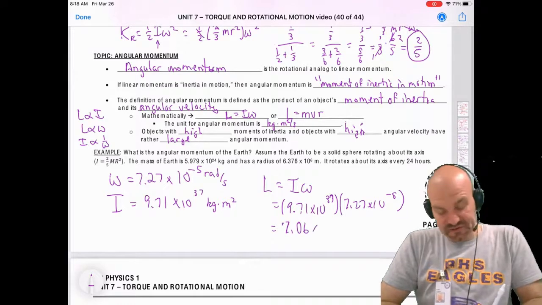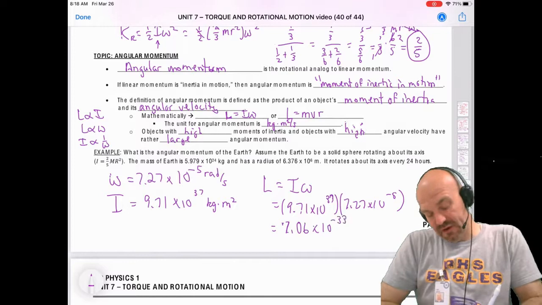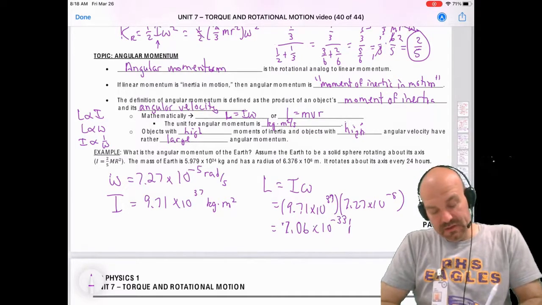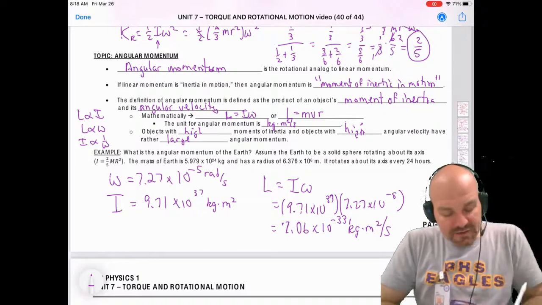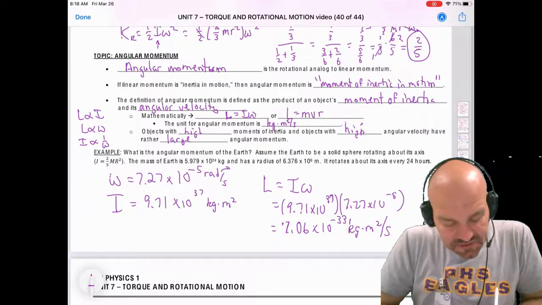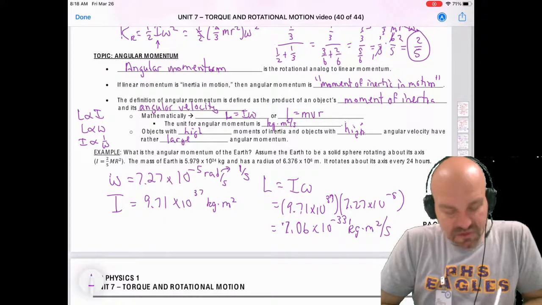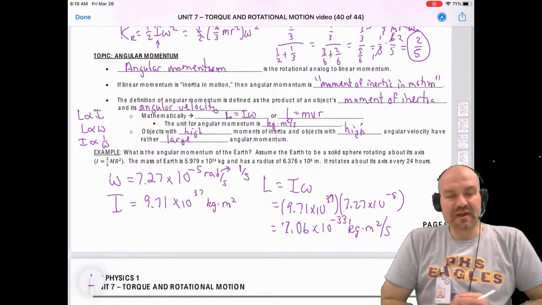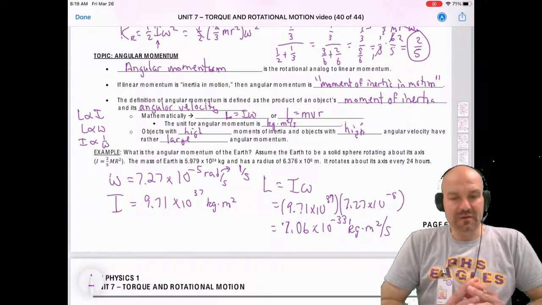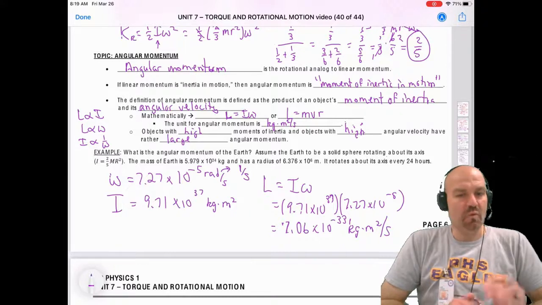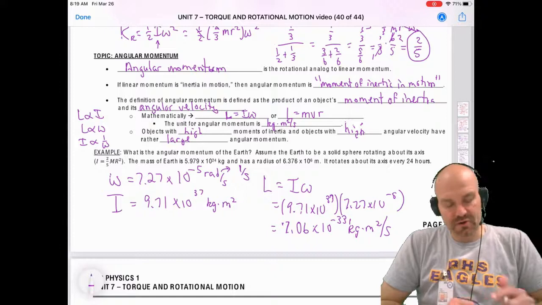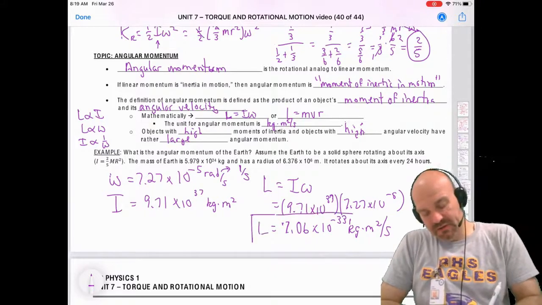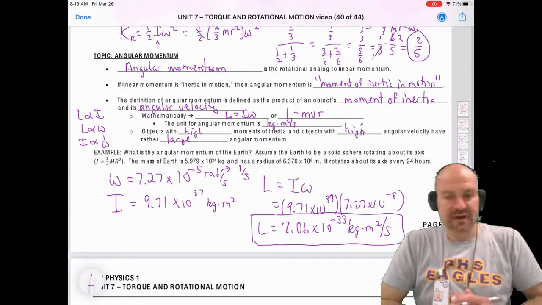So 7.06 times 10 to the 33rd kilograms times meters squared per second. Radians is technically just a unit of one, and that's why radians doesn't appear in the unit for this, because it's 1 over seconds. And that's why your unit ends up being kilograms times meters squared per second.